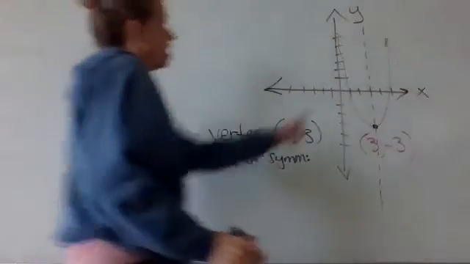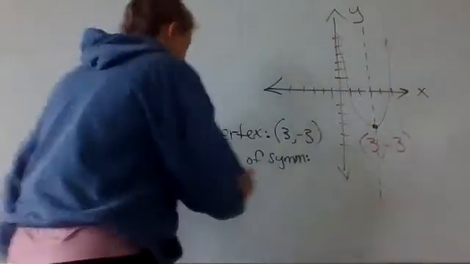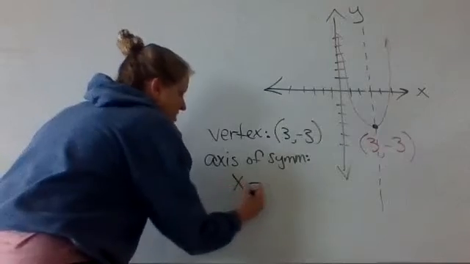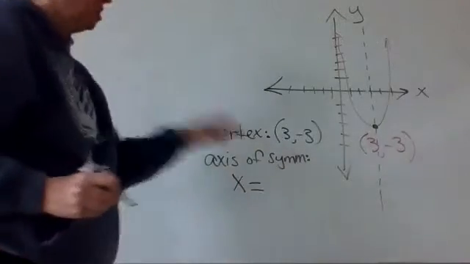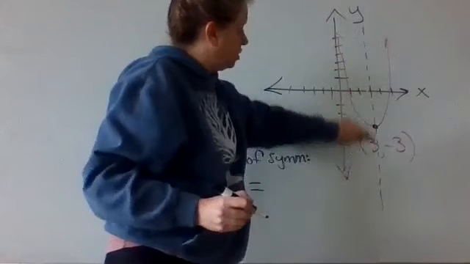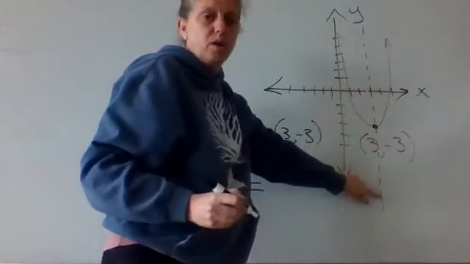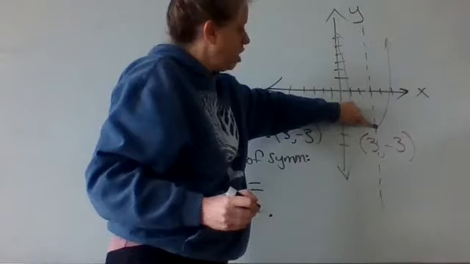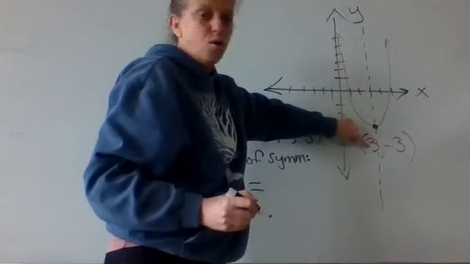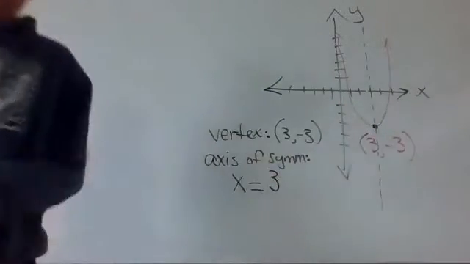Because when you're talking about this line, all vertical lines always come in the form of x equals whatever. If you'll notice on this vertical line, no matter where you are on it, the x coordinate would be 3. So it's always just going to be x equals whatever that x coordinate is. So just x equals 3 would be the axis of symmetry.